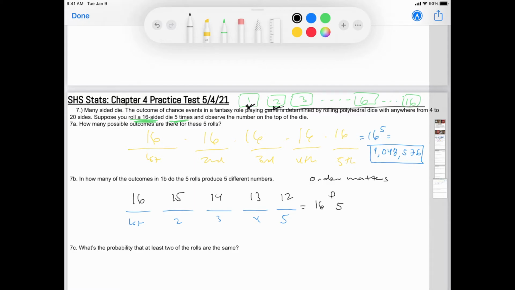And remember your formula for permutations is nPk equals n factorial over n minus k factorial.